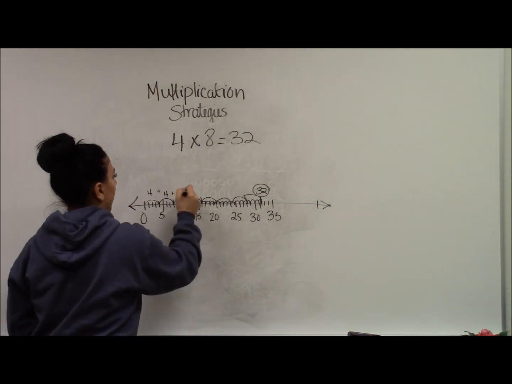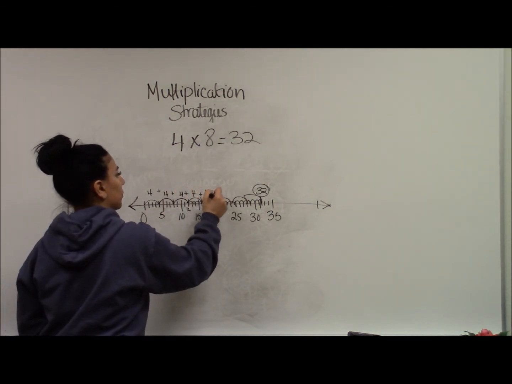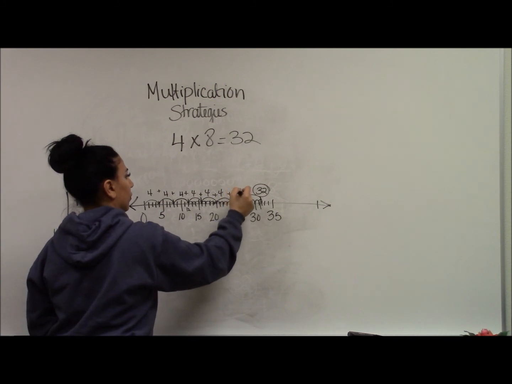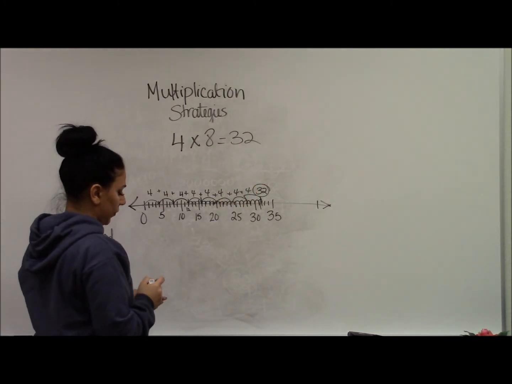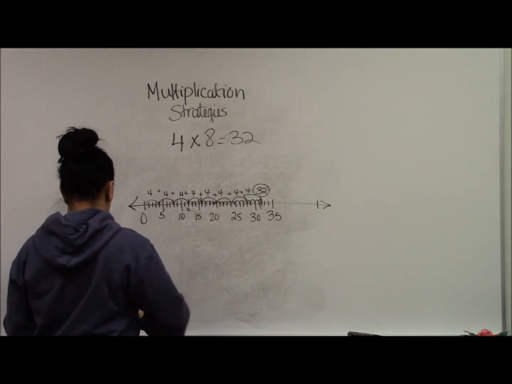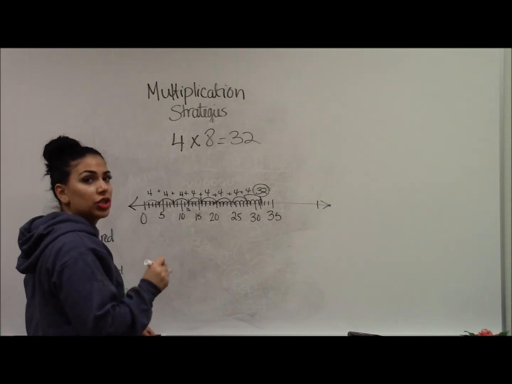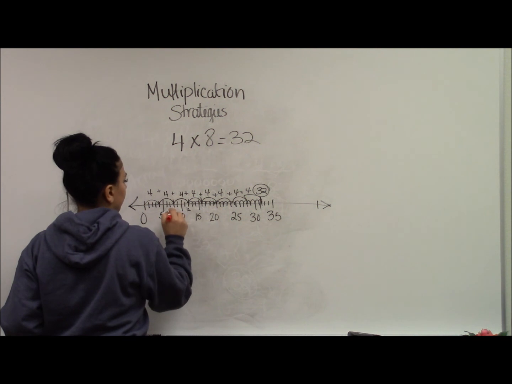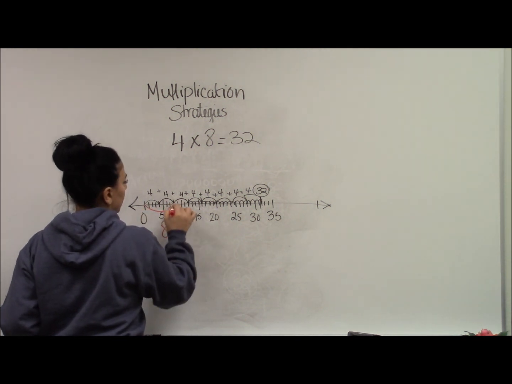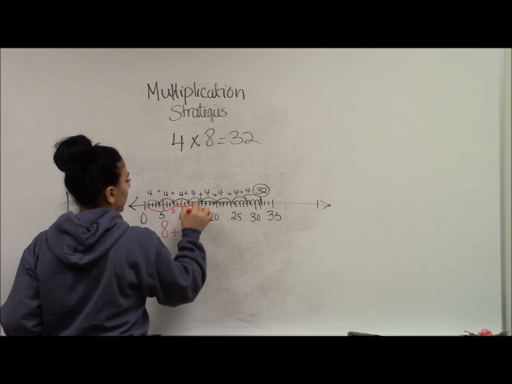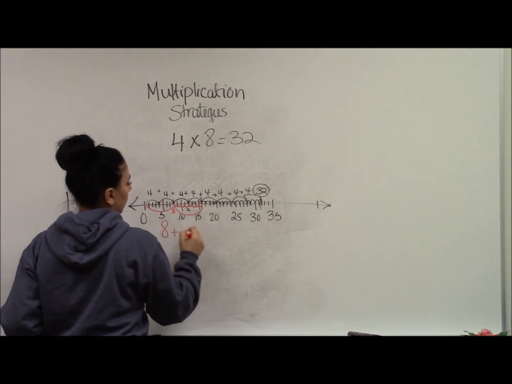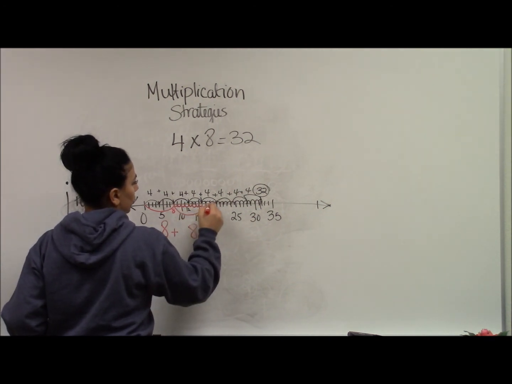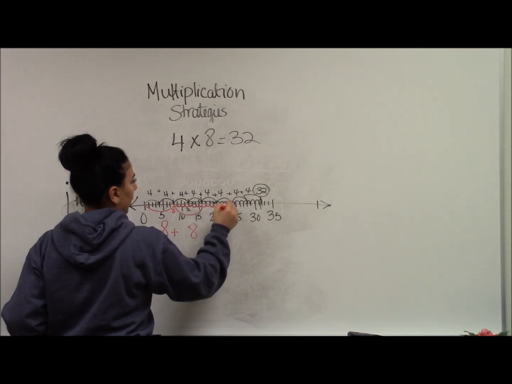And this is you adding all the different 4s. I'm going to show you with a different color what it would be like if we added 4 jumps of 8. So I'm going to find my 8, and I'm going to make my first jump, plus 1, 2, 3, 4, 5, 6, 7, 8. Then 1, 2, 3, 4, 5, 6, 7, 8.